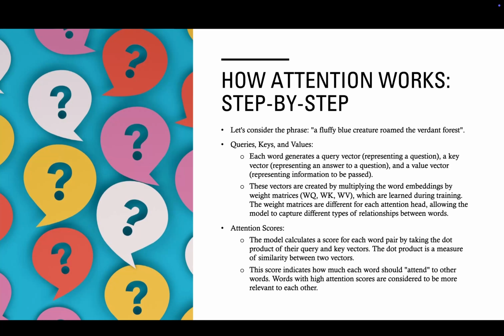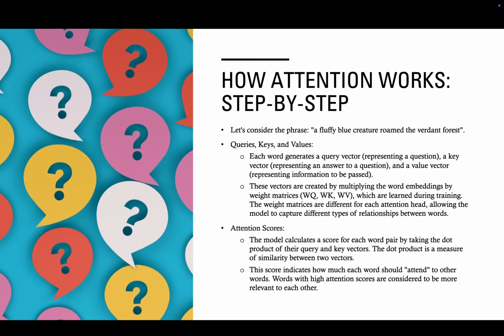These vectors are created by multiplying the word embeddings by weighted matrices, WQ, WK, and WV, each for queries, keys, and values, which are learned during training. The weight matrices are different for each attention head, allowing the model to capture different types of relationships between words.